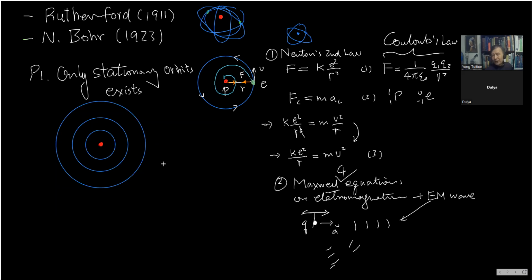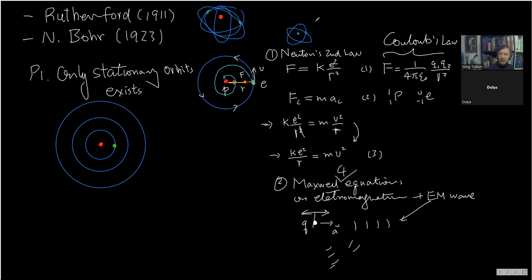Nowadays in chemistry, people take this for granted, and that's why they call it a shell, not an orbit. Do you agree?